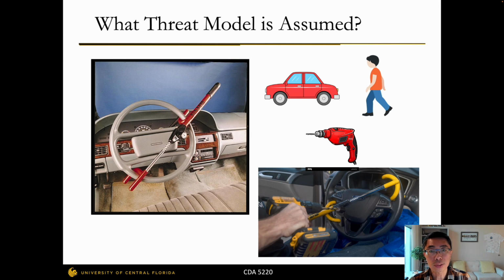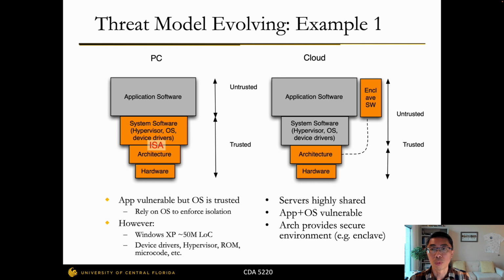Now, in the context of secure execution environment, we can see that there was an assumption prior to cloud computing and there's an assumption after cloud computing. Before cloud computing, on the diagram on the left, in general, and it's not always the case but I'm making a generalization, people trust the system software, the architecture and hardware, and they don't trust the applications that they run.